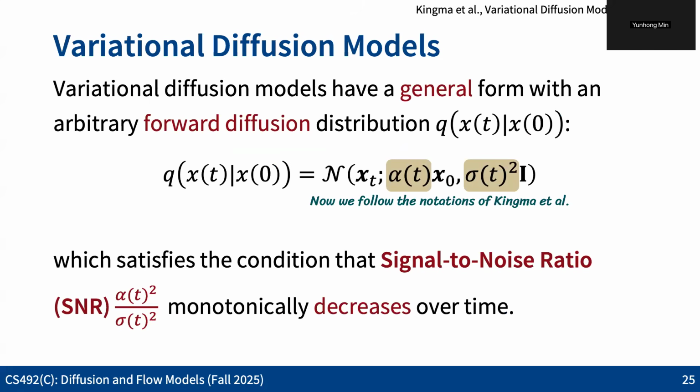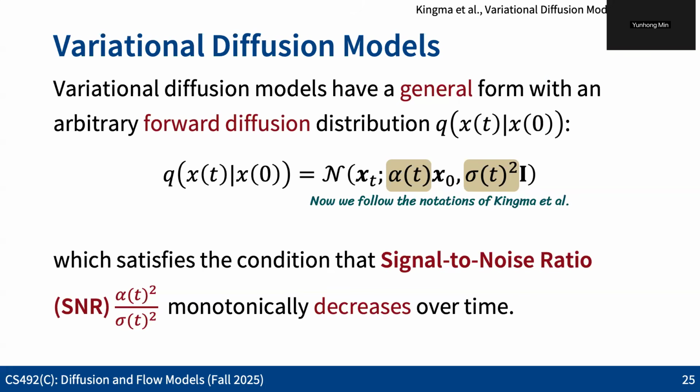And the key thing that we are seeing here is that while we have seen two specific cases of defining diffusion models, now we are seeing a general form. For any case where we define the distribution this way, with this single condition, the SNR monotonically decreases over time.